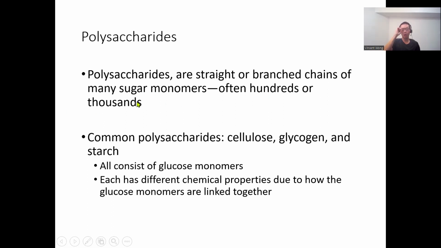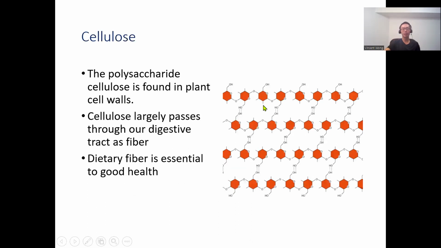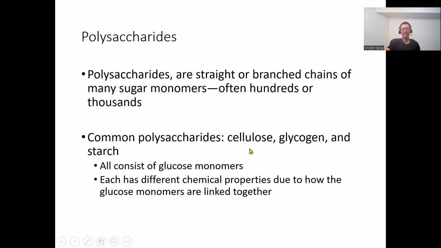And here are some common polysaccharides: cellulose, glycogen, and starch. I will explain what these are in a second, but they are all just long chains of glucose, multiple glucose linked together.